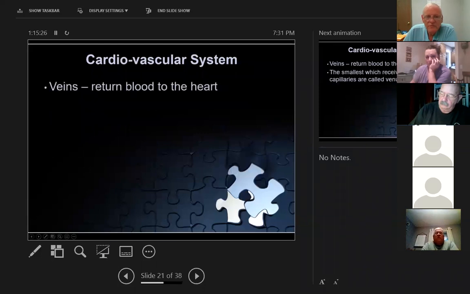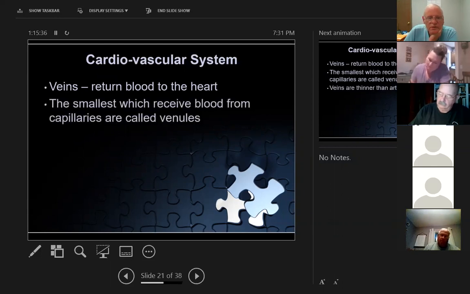Then the capillaries start combining and getting bigger and bigger. And then we get into what we call the venous system. The venous system or veins return blood back to the heart. So the smallest, which receive blood from capillaries, are called venules. So we had arterioles on the artery side. On the vein side, we have venules.